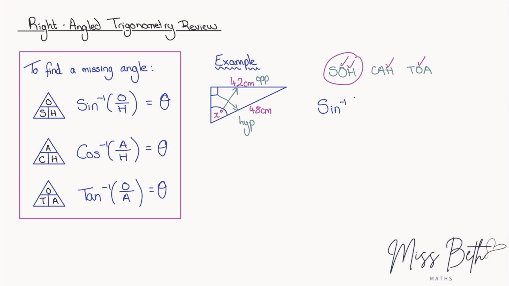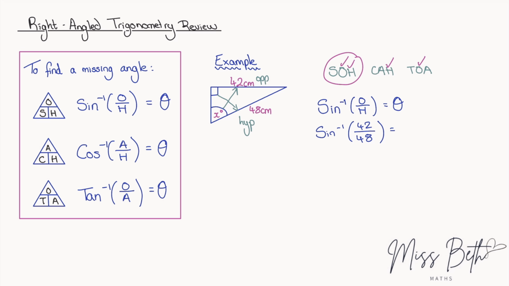So let me just write out the ratio so that it's easy for me to substitute into. So I have inverse sine. I want the opposite, which is 42, divided by the hypotenuse, which is 48, and that is equal to theta. So you're going to pop that into your calculator.